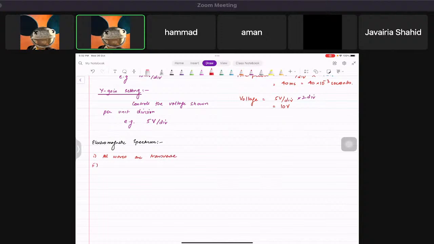Number two, they all travel at 3.0 times 10 raised to 8 meters per second in vacuum or air.